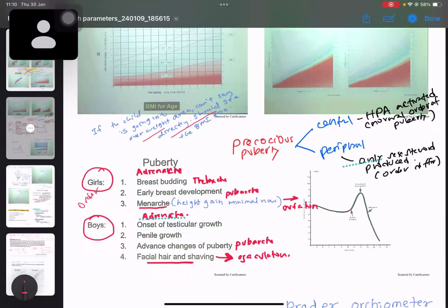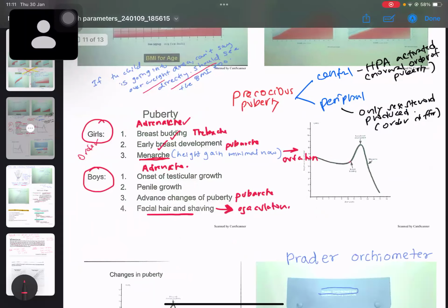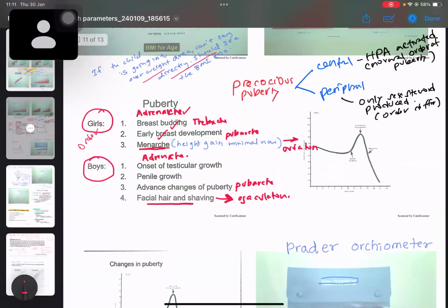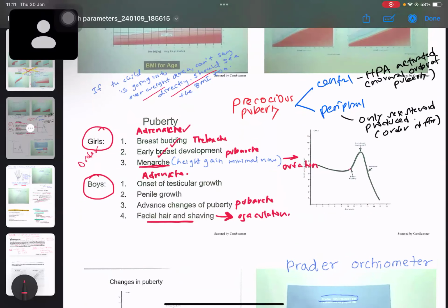In girls, this is the order. First is adrenarche, where the adrenal hormones are secreted. Then thelarche, which means breast budding, then the breast starts to develop, and pubic hair grows, which is pubarche. Ultimately menarche occurs, where the first menstruation occurs.